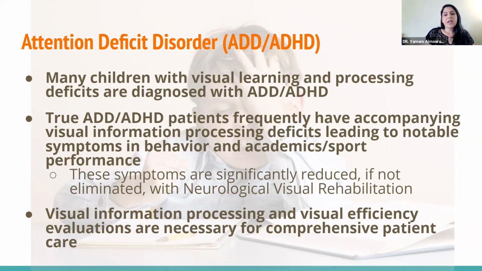And so that processing, the reaction time of what they're seeing, being able to notice different things like spatial recognition or visual discrimination, visual closure. So a lot of skills that overlap with occupational therapy could be fixed with neurological visual rehab, and you will see a huge difference in behavior in that patient later, even if they are true ADD.